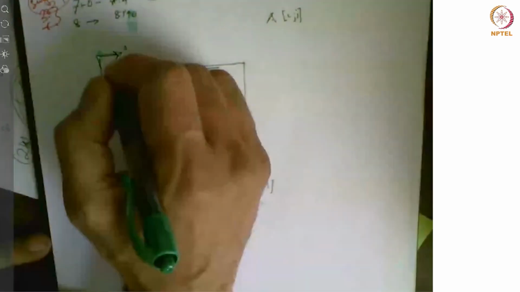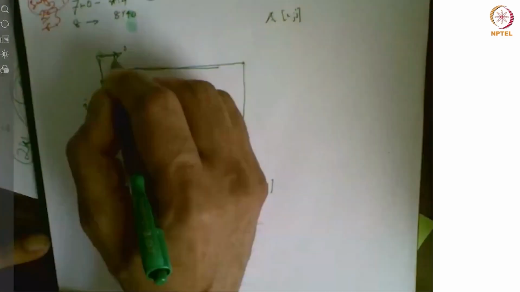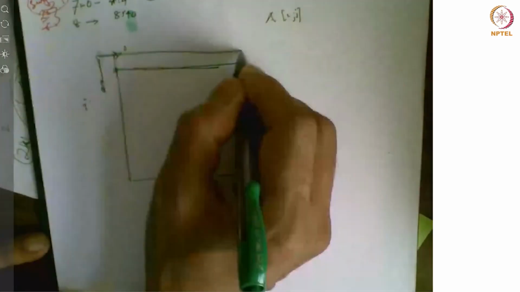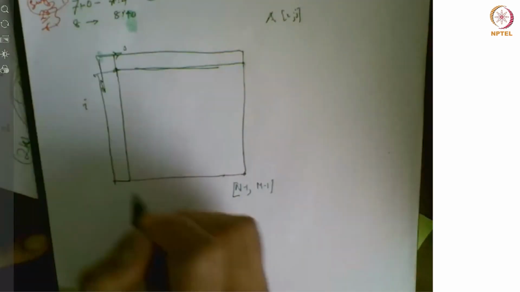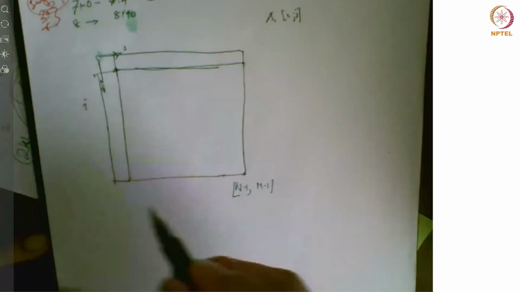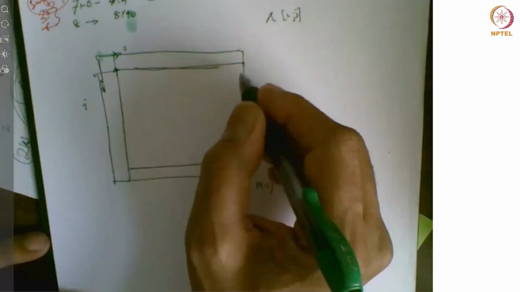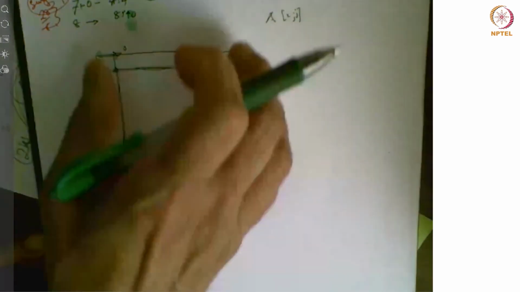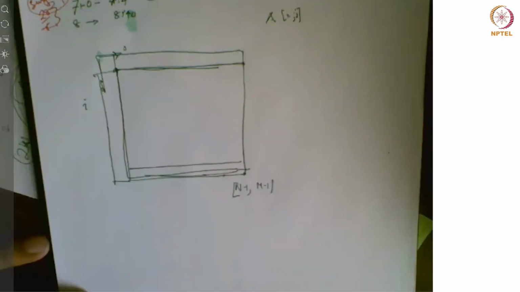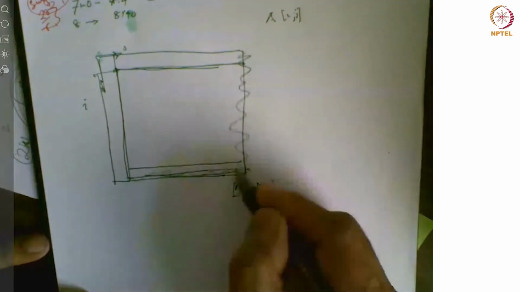I am accessing all the points here and all the points here. And I am not accessing these points. So I'm taking the original rectangle and I'm shifting it up by 1, and I'm shifting it left by 1. That means the last elements in the row and column are not being accessed.